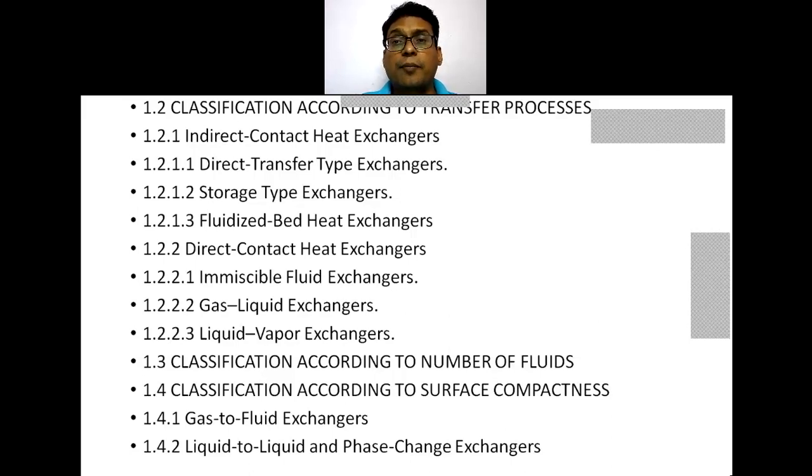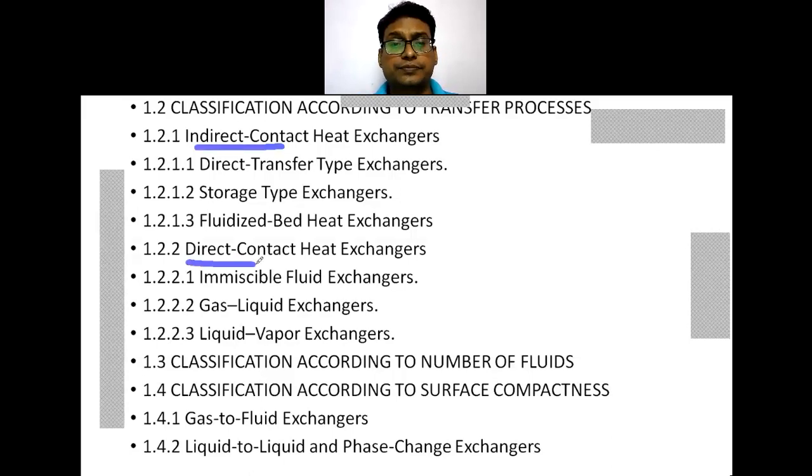Now when we are talking about the transfer processes, one is indirect contact and the other is direct contact. So these two are the most important types, the indirect contact and the direct contact type heat exchangers.